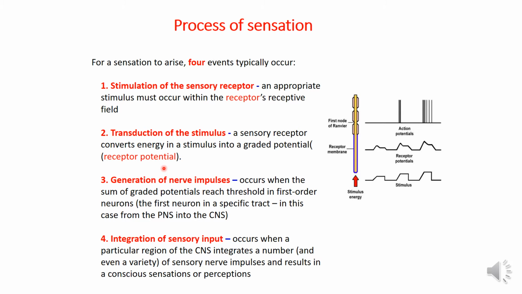Number three, generation of action potential, when there is a summation of the receptor potential in the first node, or the receptor potential is strong enough to generate an action potential there, and the nerve impulse is conducted through the sensory neuron until reaching the central nervous system. And in the central nervous system we have a center that produces perception and understanding of the meaning of the sensation.